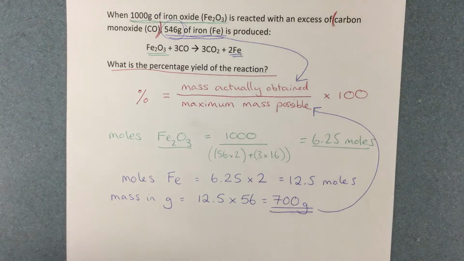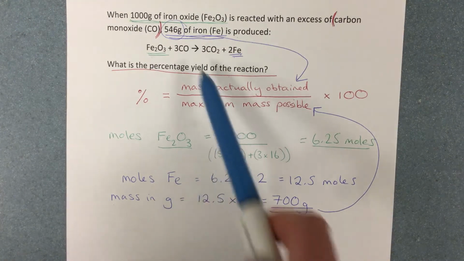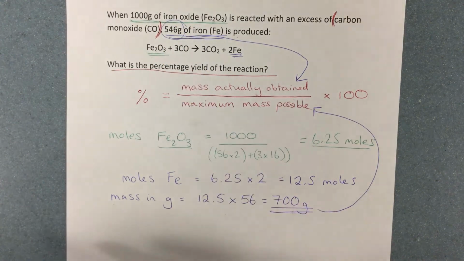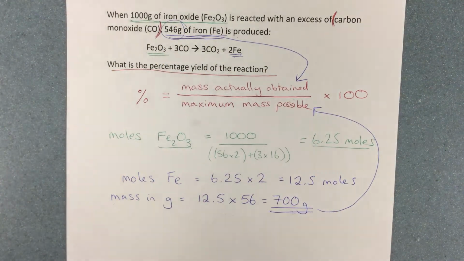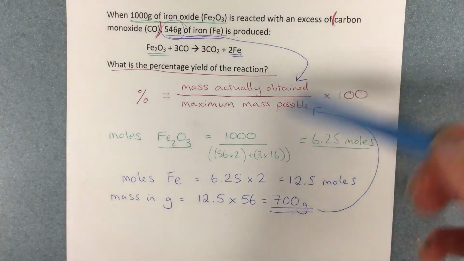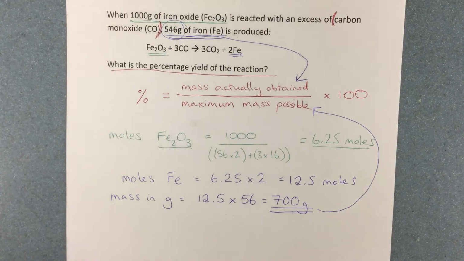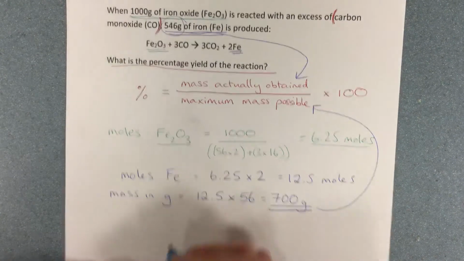And so in these calculations, I shouldn't be making more mass, or I shouldn't have produced more mass up here than my maximum mass possible. If you do get that and you run out of time, put it in the equation anyway. What you shouldn't do is flip the numbers around just to try and make it less than 100%, because actually you lose both your marks then, because you won't do it the right way round.